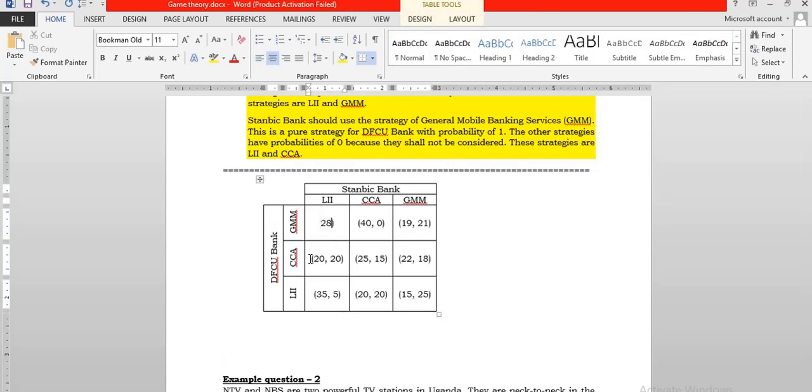Then we shall do a transpose, and that transpose will help us to adjust this particular game to fit the requirements of a winning strategy.